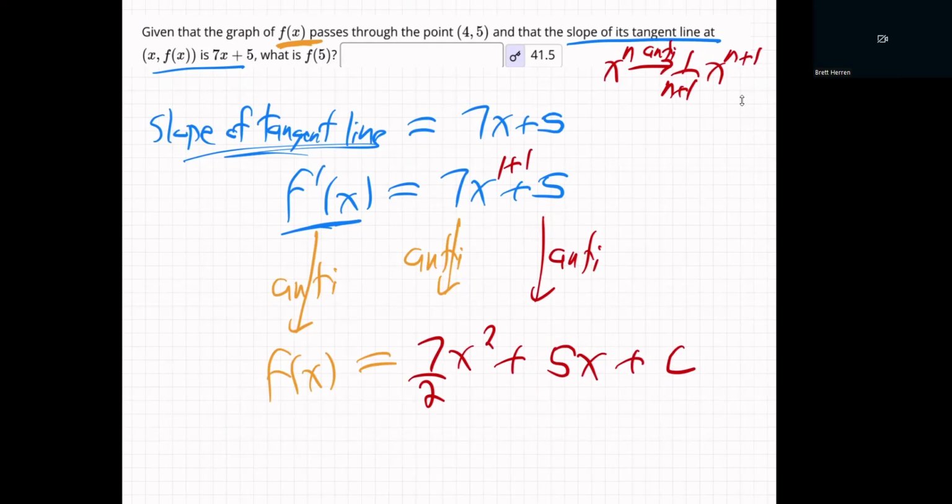But then they tell us it passes through the point (4, 5). That means that's x, that's y.